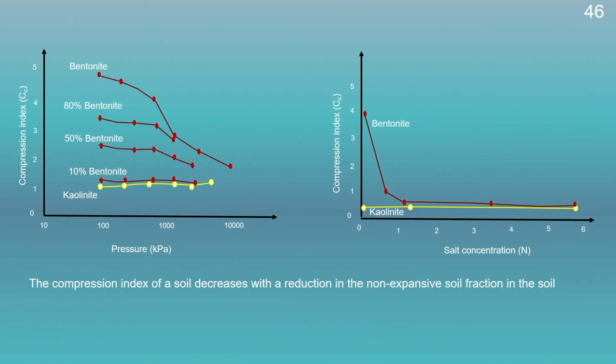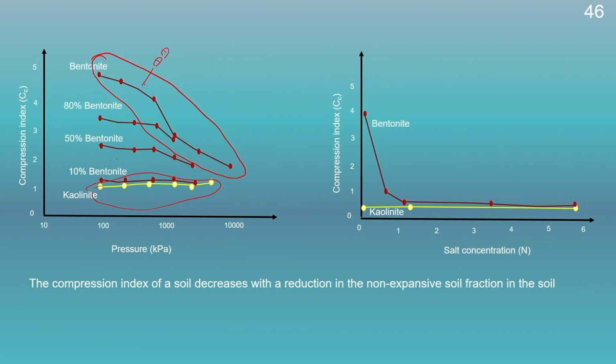Now, if we compare the compression index of kaolinite and non-expansive and expansive soil matrix, then we can see here an expansive soil, say for example bentonite, will have a high value of compression index in comparison to the kaolinite. This is because of the formation of the diffuse double layer thickness.